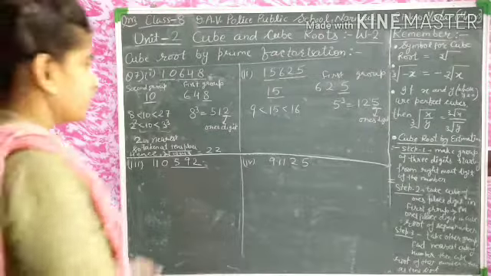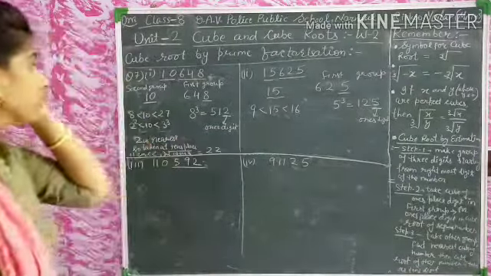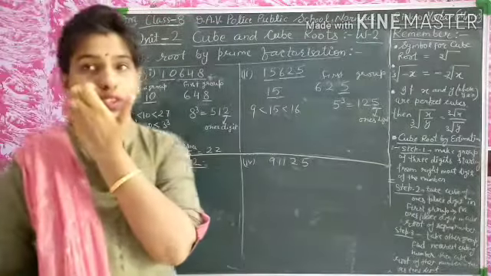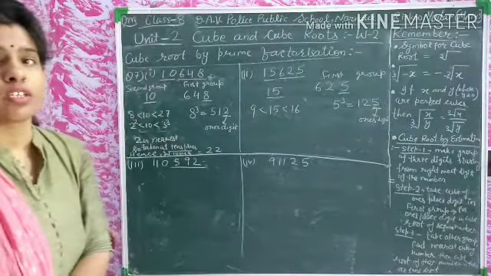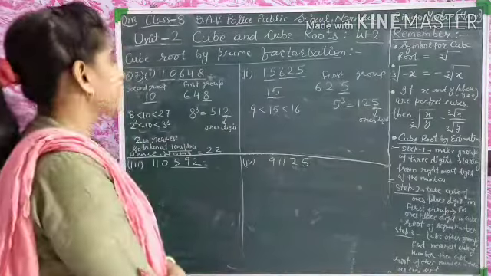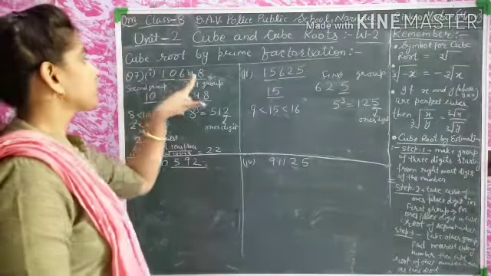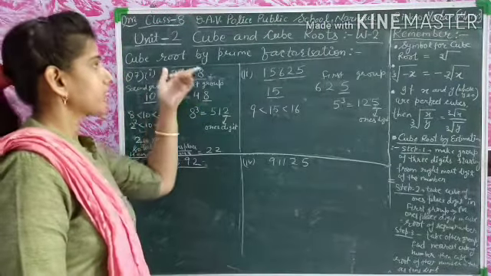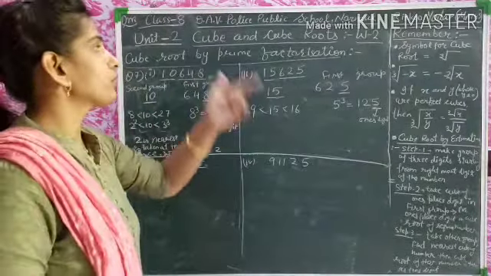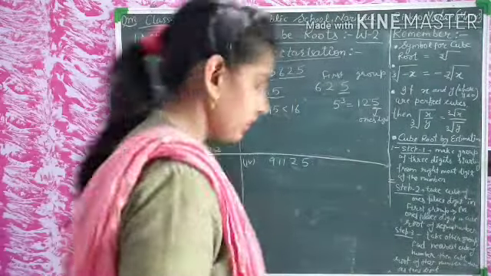Now students, we are going to question number 7 of worksheet 2. Worksheet 2, question number 7 is 10648. Finding its cube root by the estimation method.